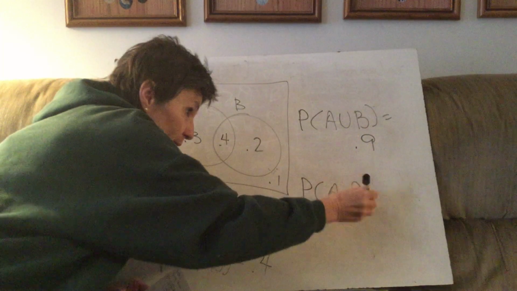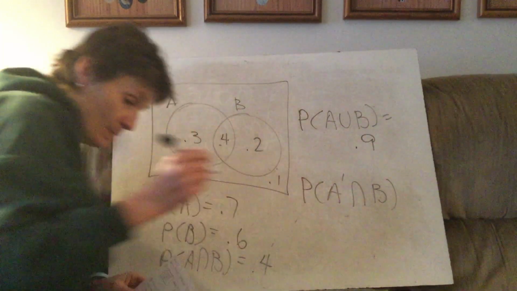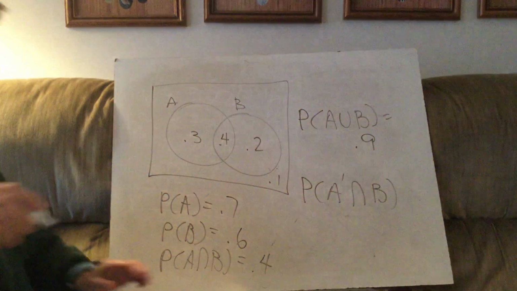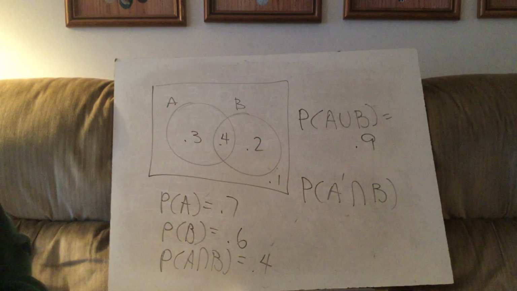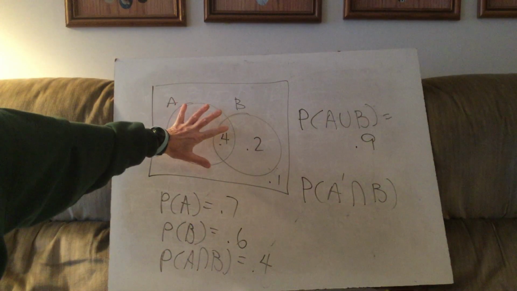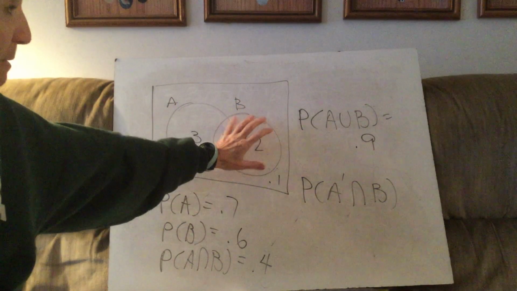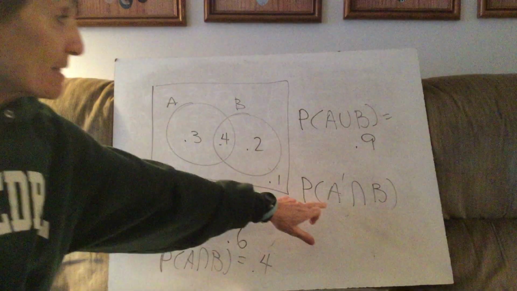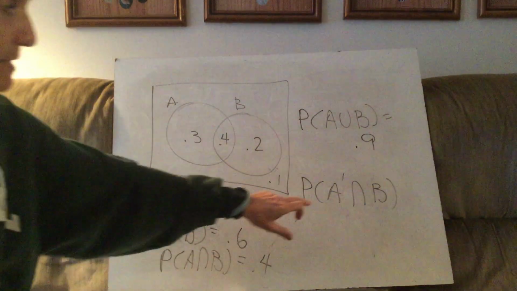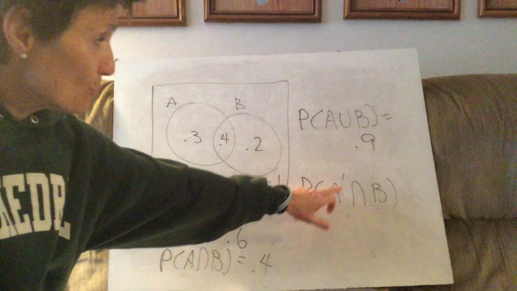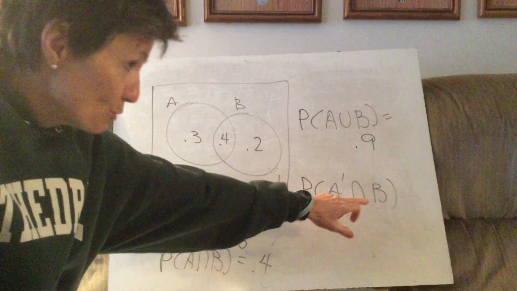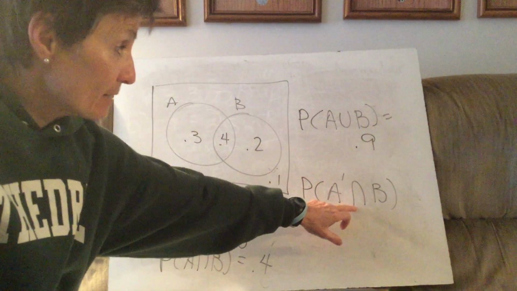Now at this point so far, we haven't really needed to do this, but it might be smart now to think of these as the people who like apples and these as the people who like bananas. What does this say then? This says you do not like apples, but you do like bananas. This is and.